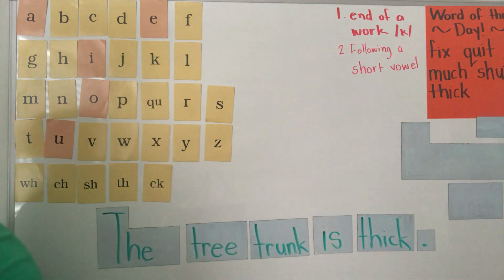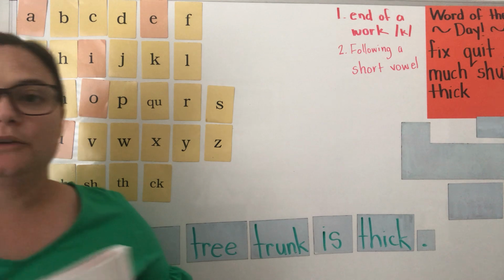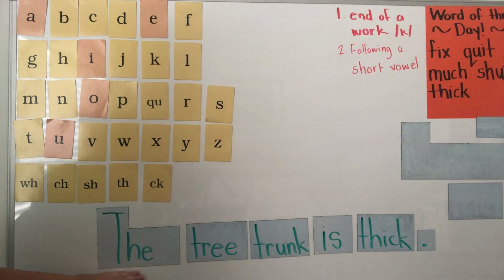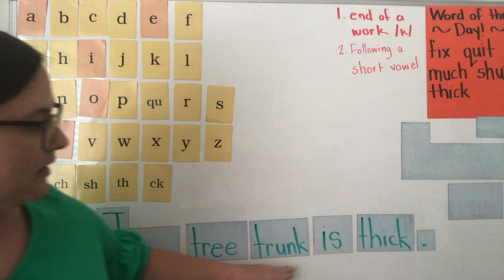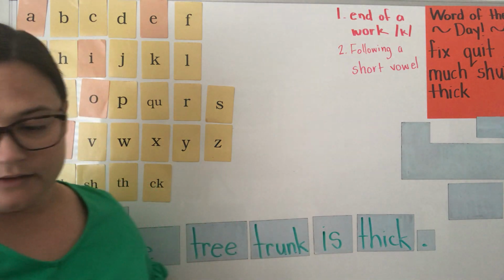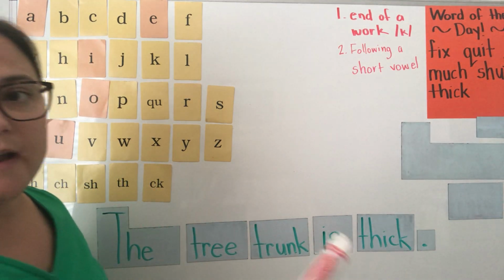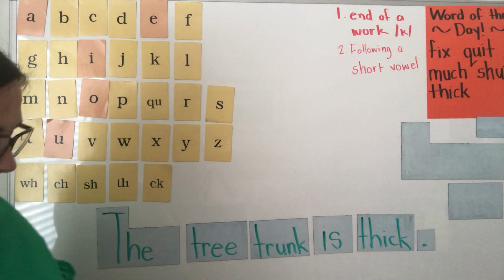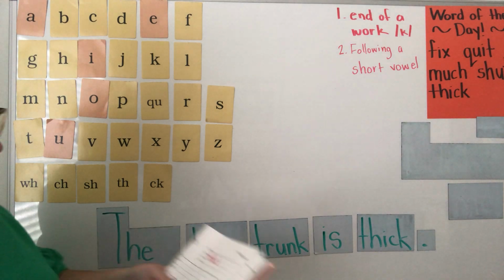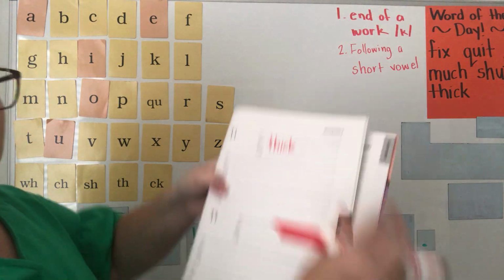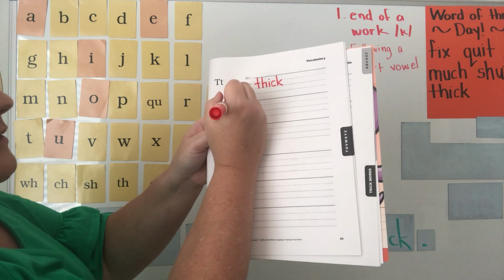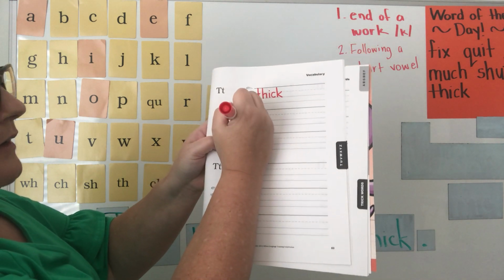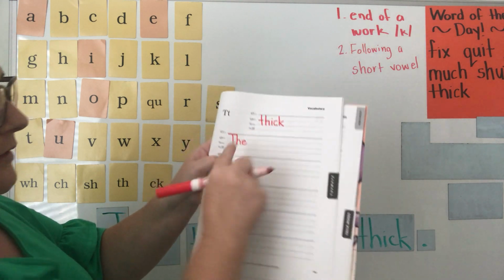Okay, let's take our notebook. Let's look at this real quick and read it. The tree trunk is thick, period. So let's practice writing that ourselves, okay? So we always know that we need to start our sentence with a capital letter. T-H-E, the.